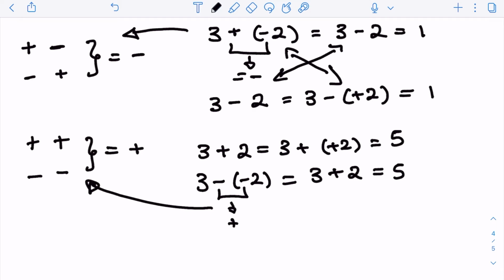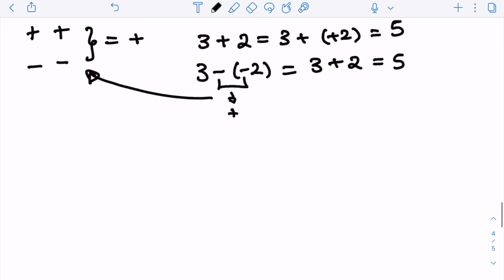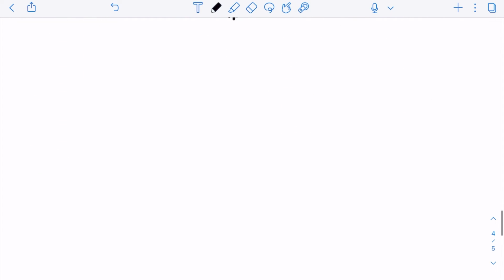Now, let's take a look at a practice question together, and then I'll put one more on the screen for you to try alone. We have minus 5 plus minus 4. So first things first, we're looking at the two signs here.